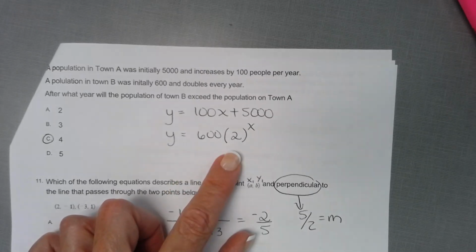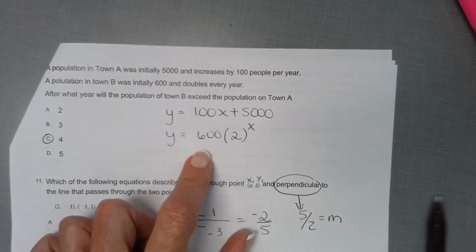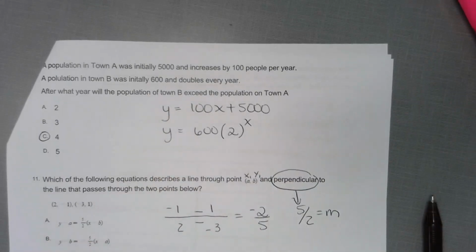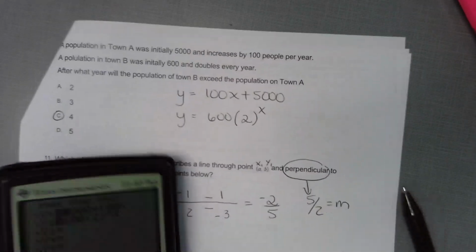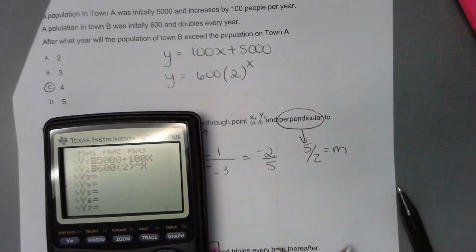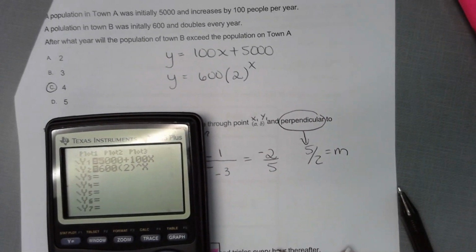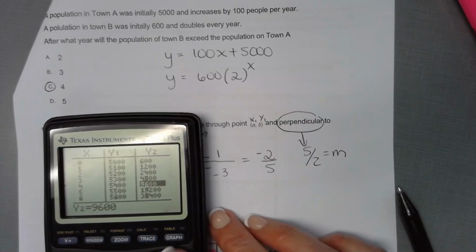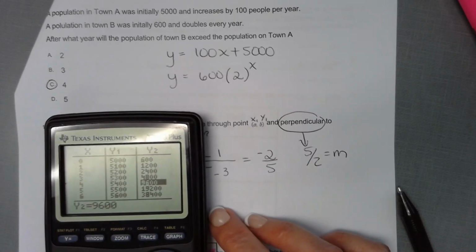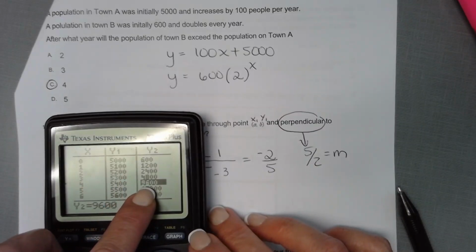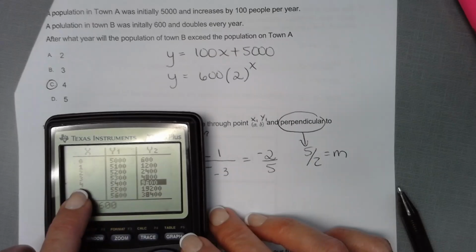It starts at 600 and doubles. So what I did, so I can show you another method, I just put both of them in the calculator under y equals, and I went to the table and it said, when does town B exceed town A? And you can see right here, that's the time that it exceeds it. 4 years.